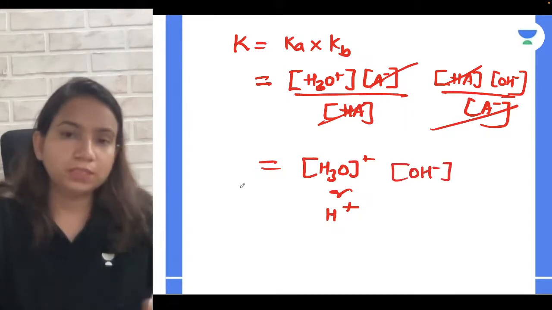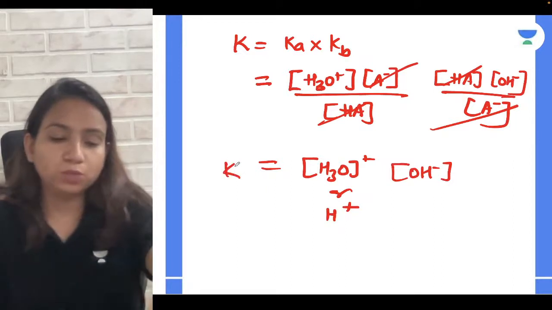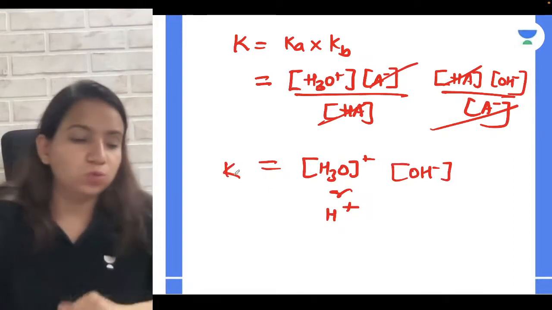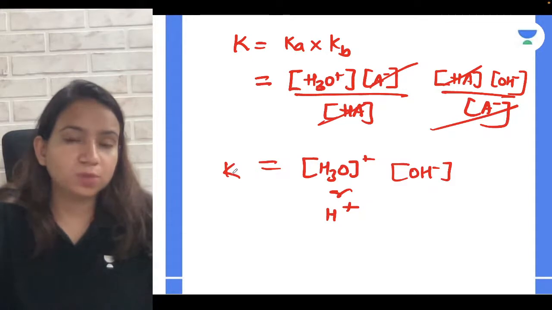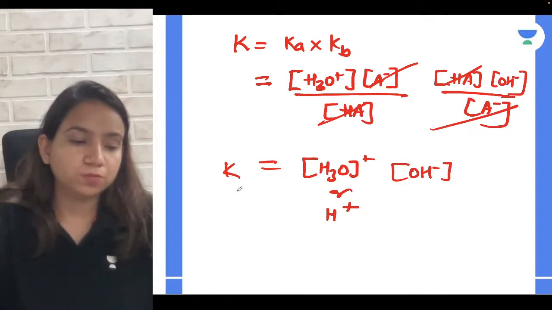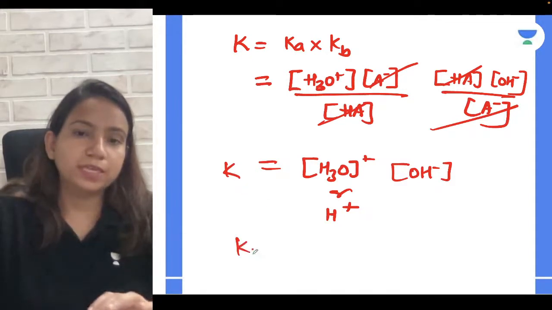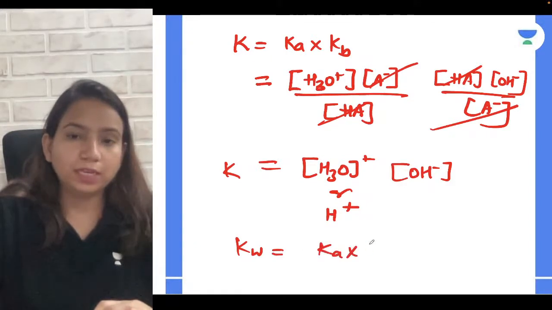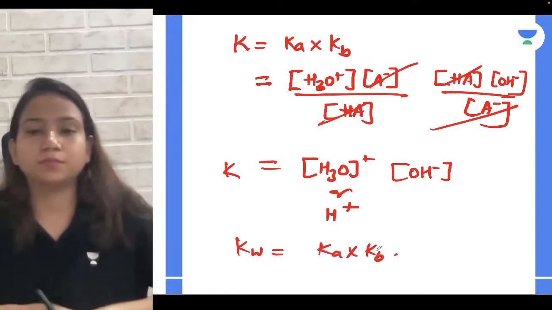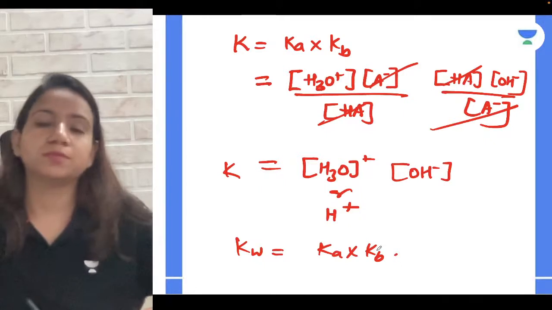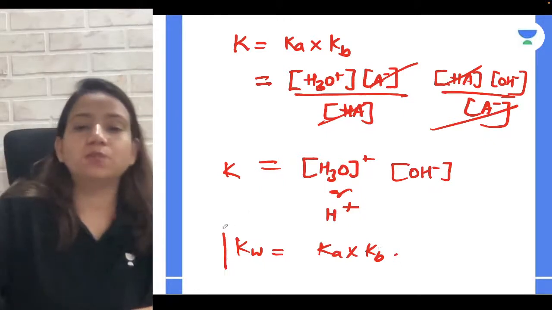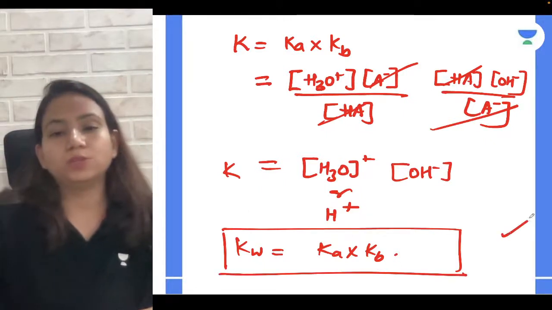This K becomes equal to Kw. So Kw is equal to Ka into Kb. Very good.